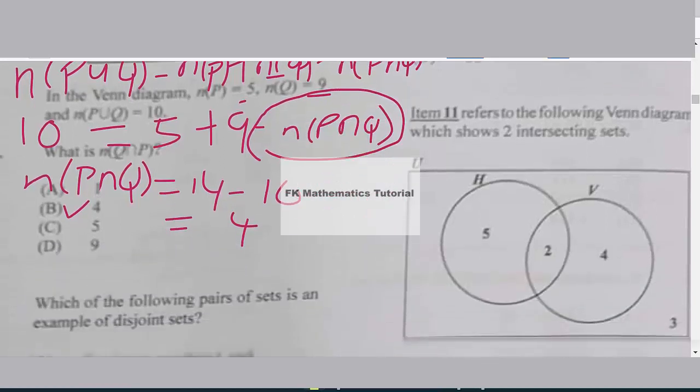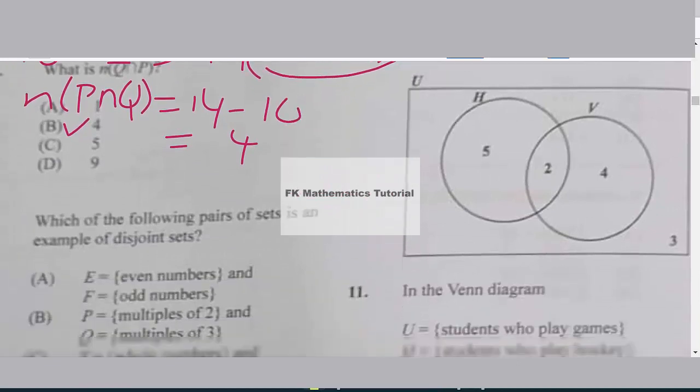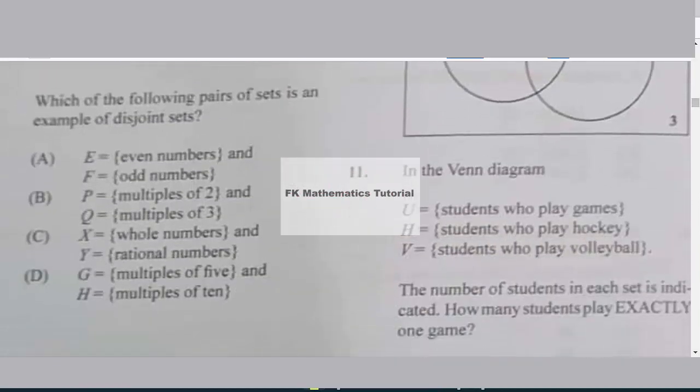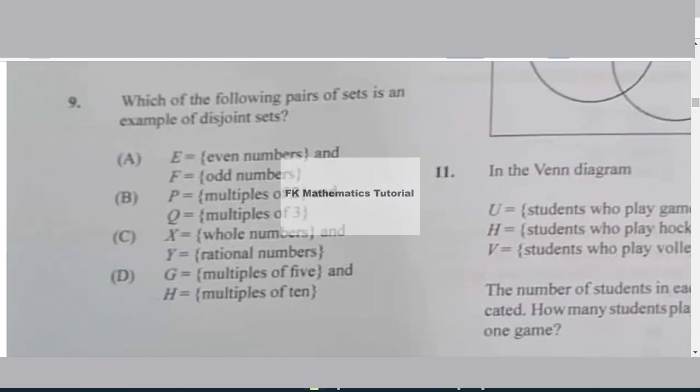Now let's look at number 9 before number 10. Which of the following pairs of sets is an example of disjoint sets? We have even numbers and odd numbers.